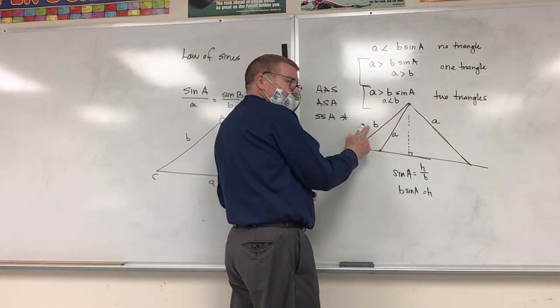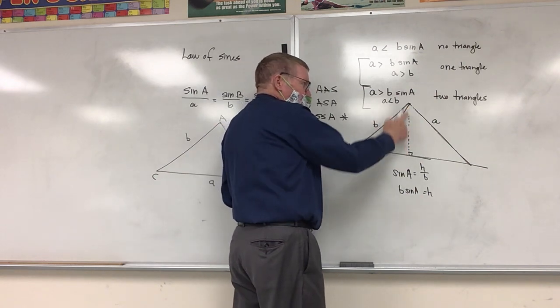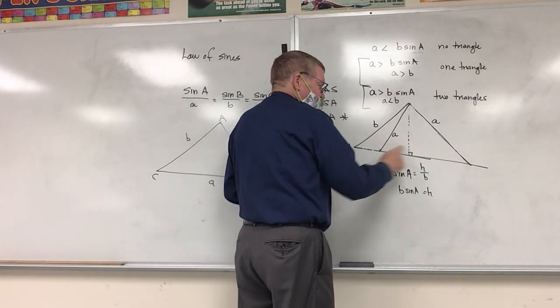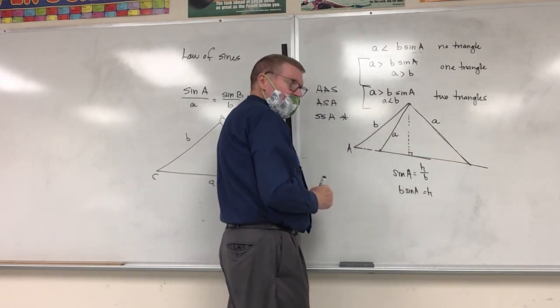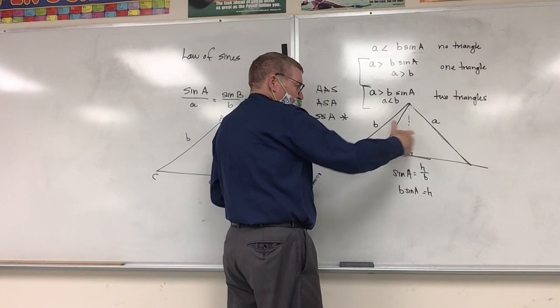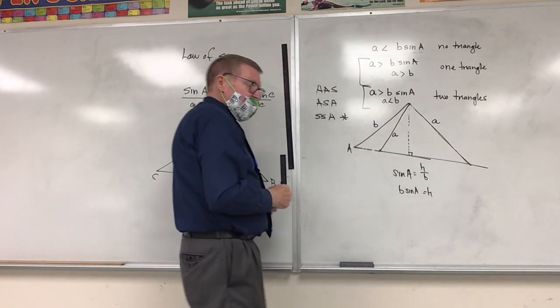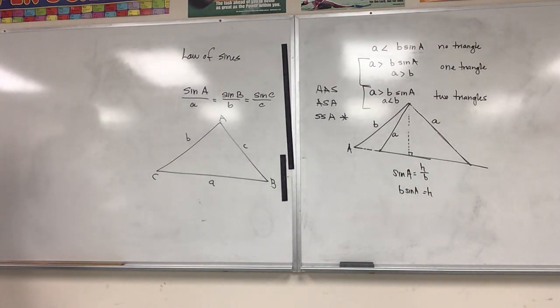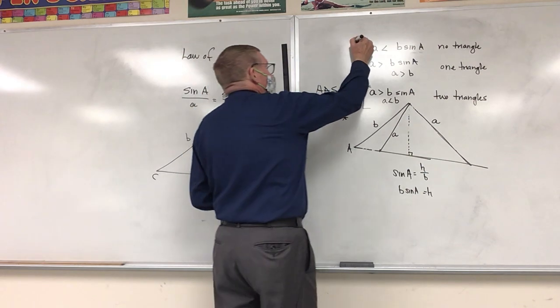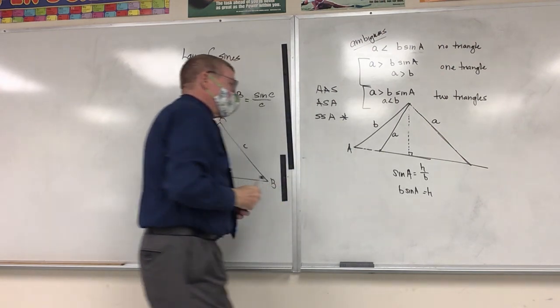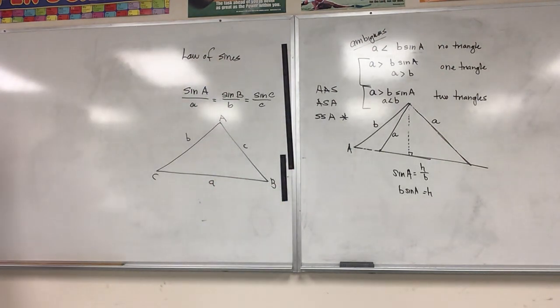If A is smaller than this side, but it's longer than this, A is bigger than B sine A. This side can touch on either side. It is still shorter than this. It can flip back, slide back and forth. It's like a door. So that's why this is called the ambiguous case, because we could have three different options.